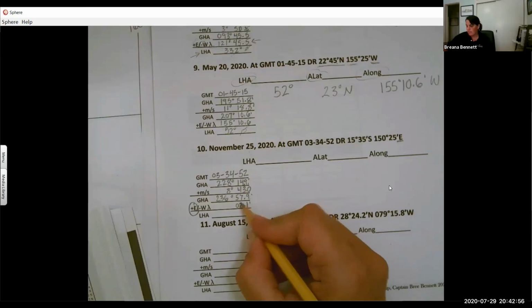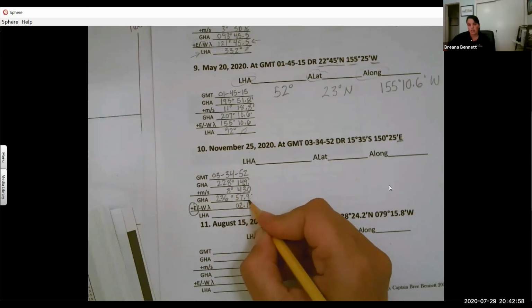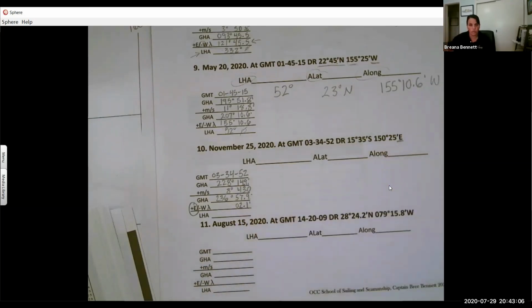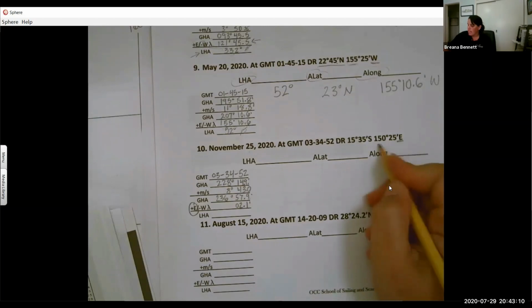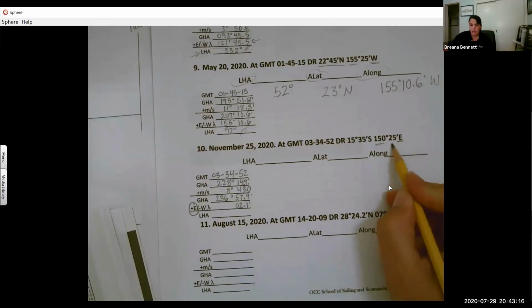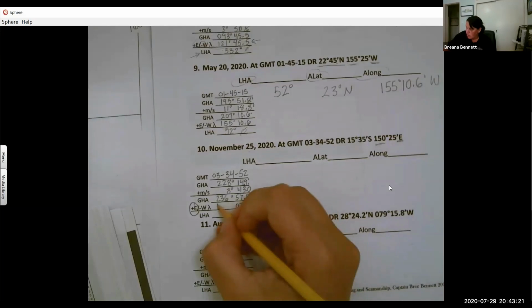I had 57.9 and I needed to get to the whole degree. So I'm going to add 2.1 and I get to 60, which is a whole degree. So now I have to decide, is it 151, 152? I'm going to say it's still the same. I'm going to go with 150.